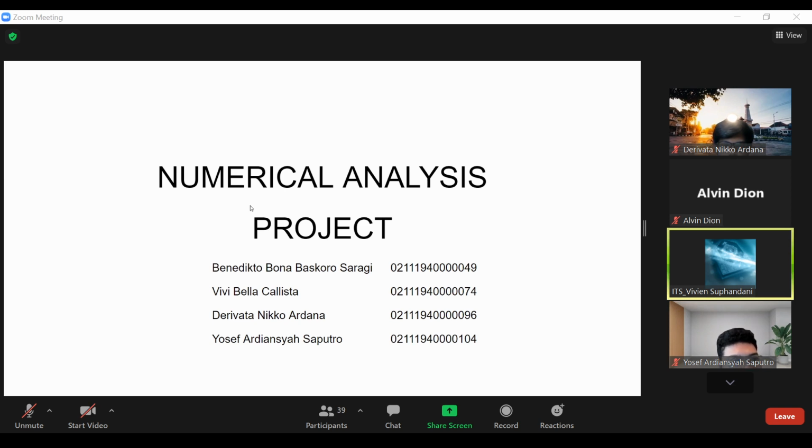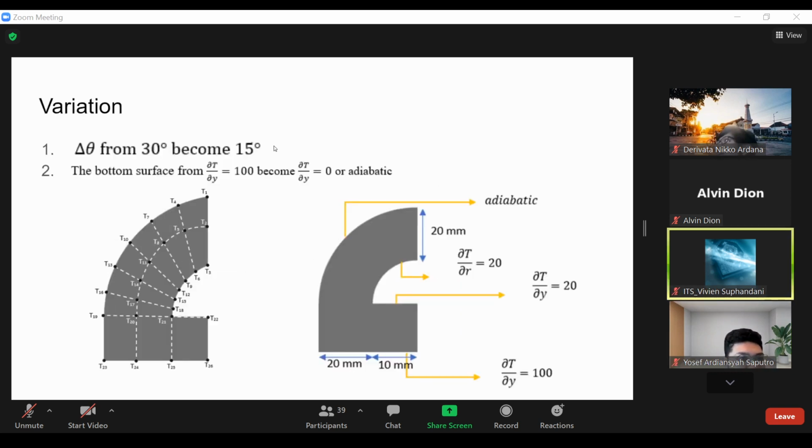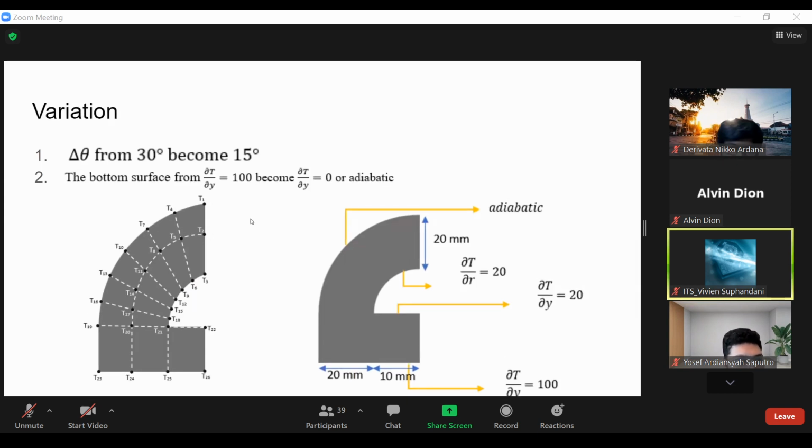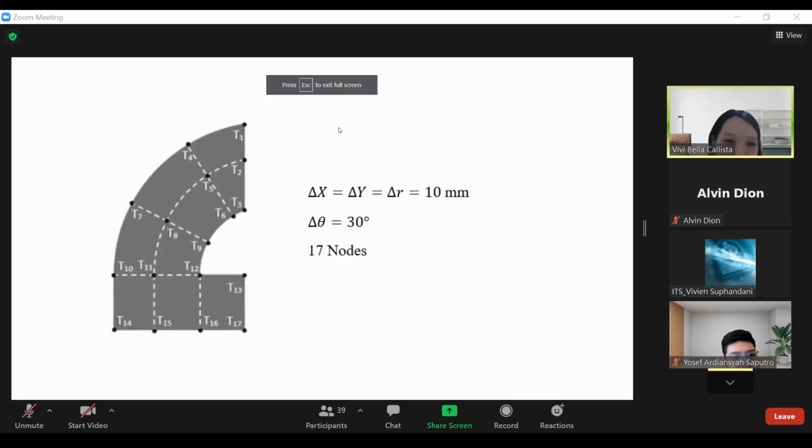Can you go back to the problem? Wait, ma'am. So I will explain. This is the initial condition that has 17 nodes with delta theta 30 degree.